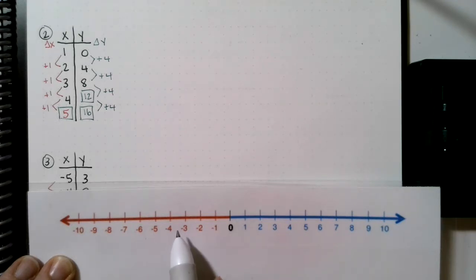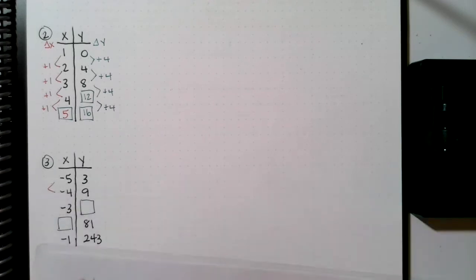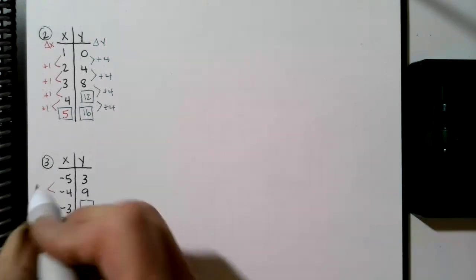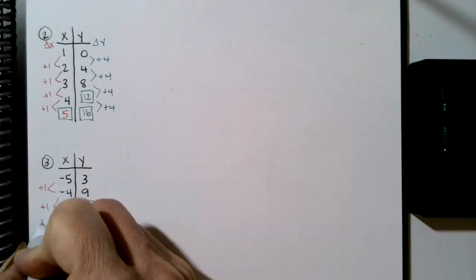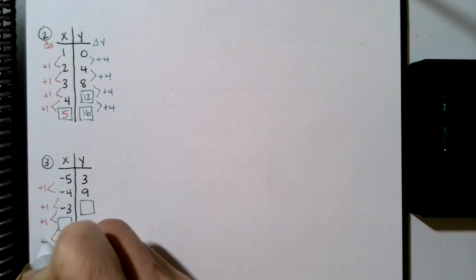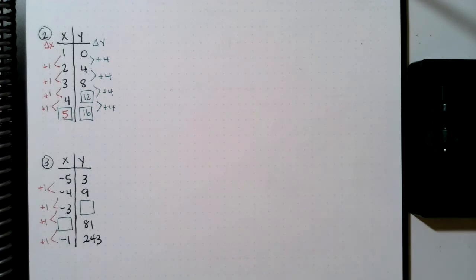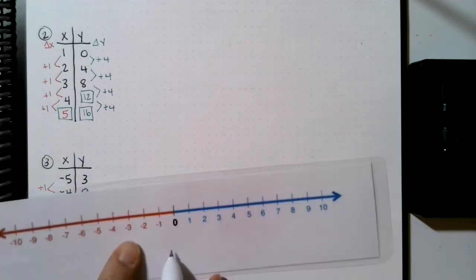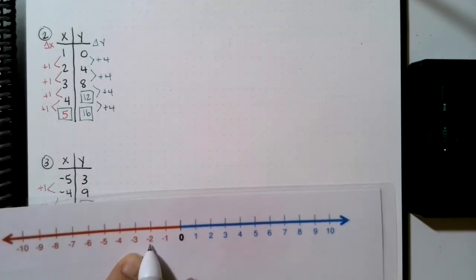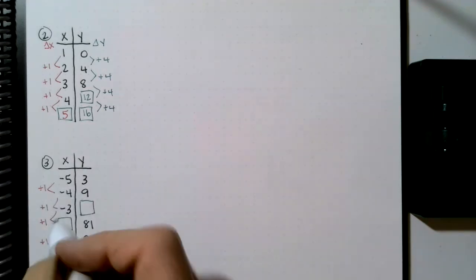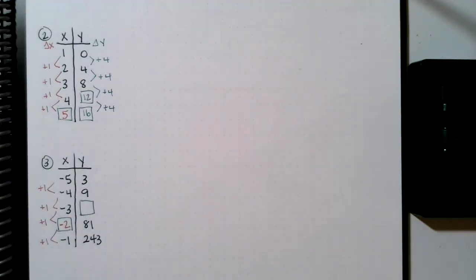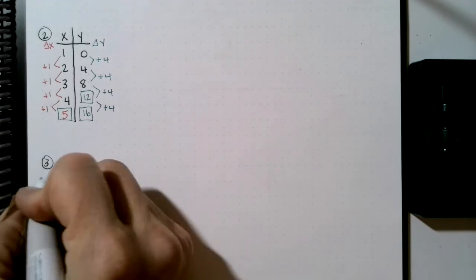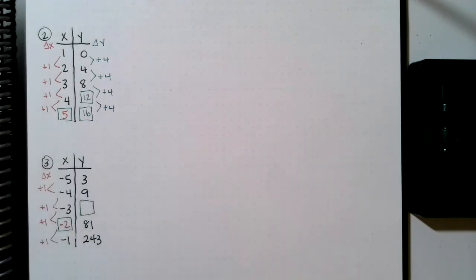So it's +1, +1, +1 as you go through the table there. So this is increasing by 1. And if it helps you to visualize, between -3 and -1 is -2. So that's the missing value right there. So that was our change in x.